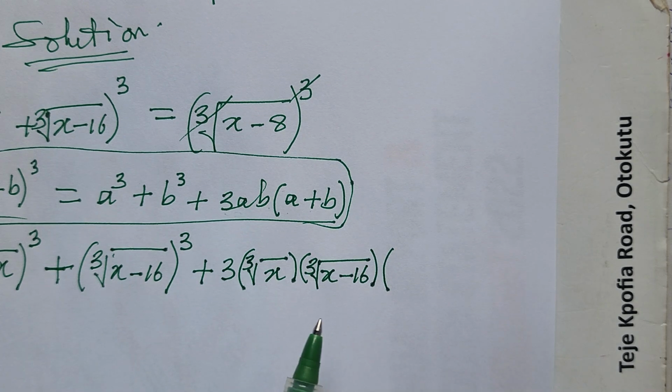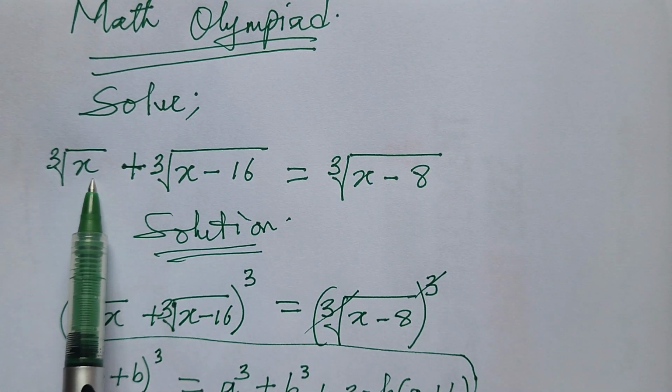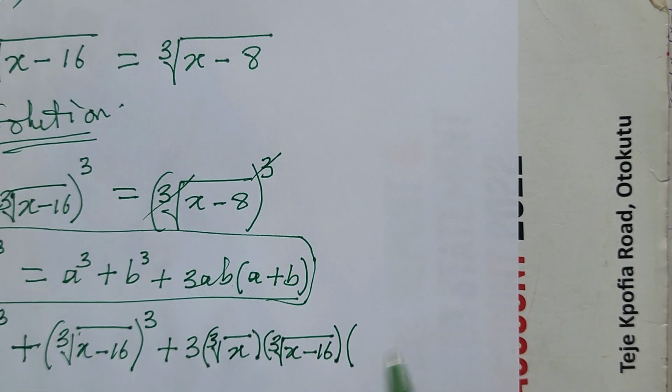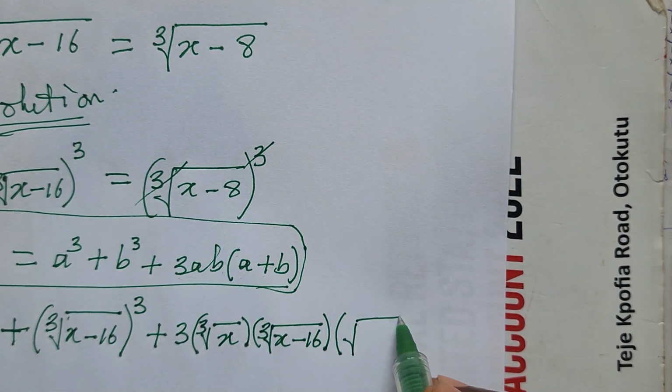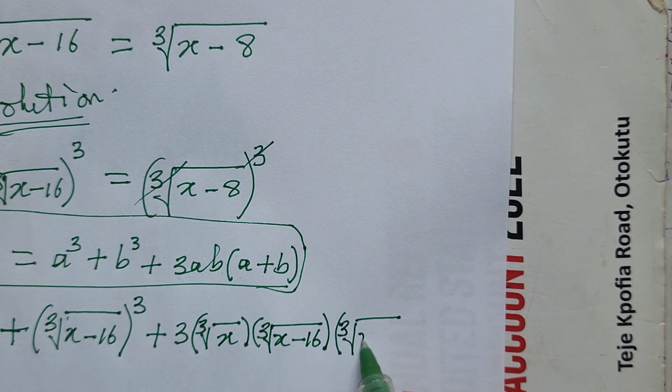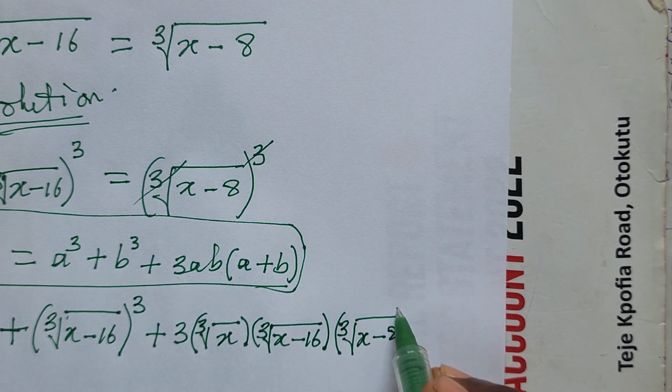What is our a plus b? Look at what we have here. This is our a, this is our b. So a plus b is equal to the cube root of x minus 8.